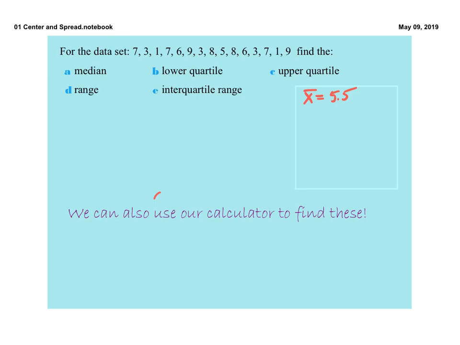So the next one we're going to need to answer our questions is the minimum, which is 1, Q1, which is 3, the median, which is 6, and the Q3, which is 8, and the max, which is 9.